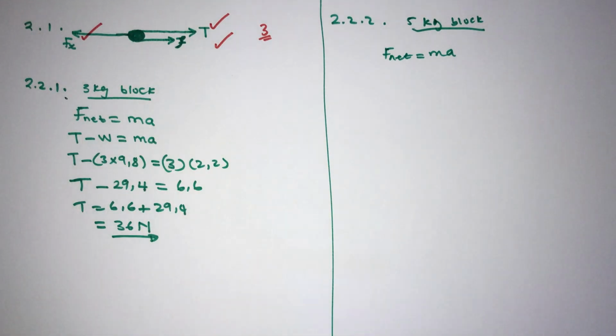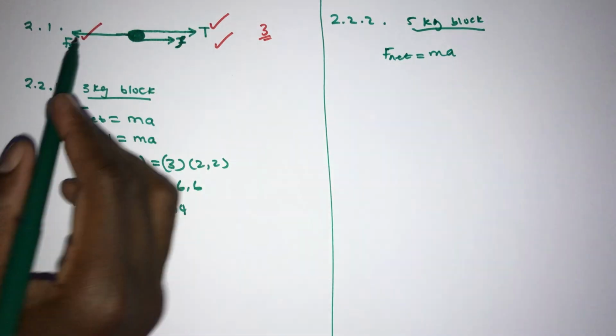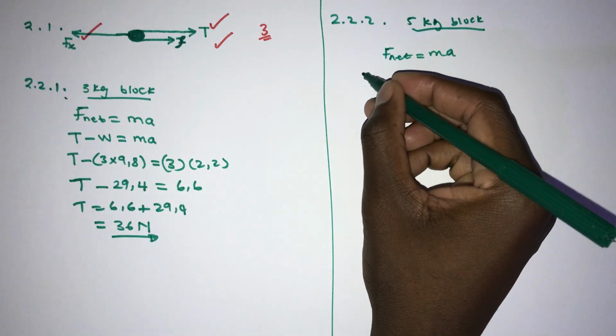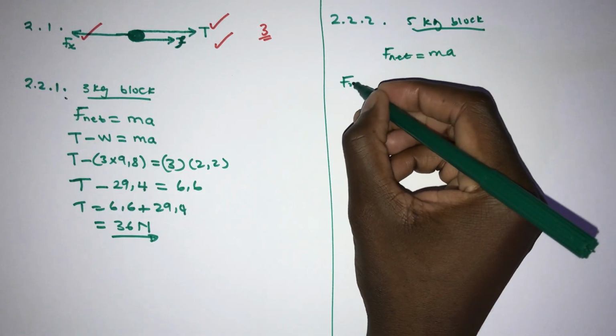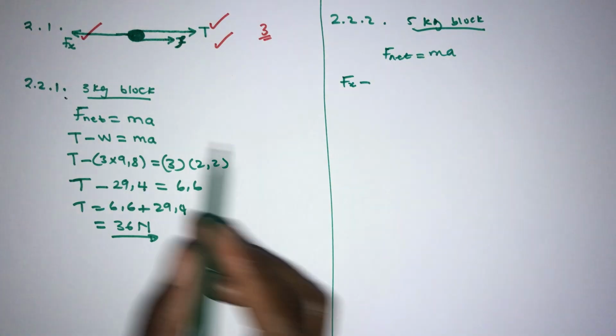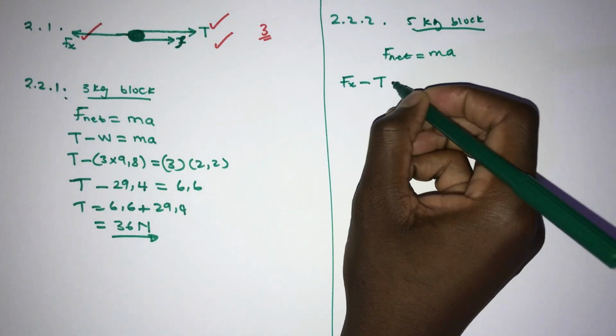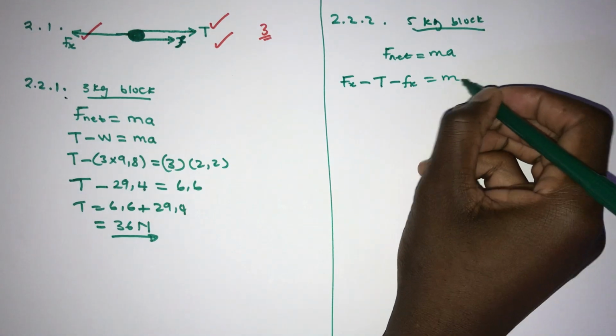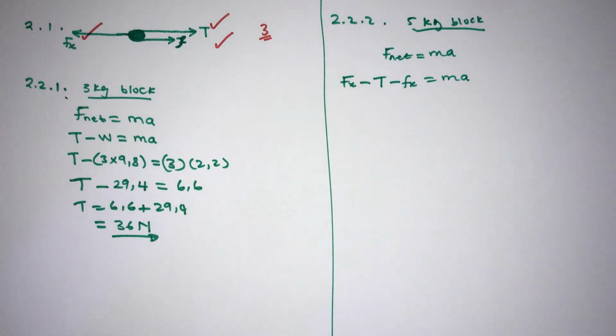So what do we have here? We have Fx going to the left, and the block is going to the left. It means that Fx here is our bigger force, minus tension is opposing, minus frictional force is also opposing, then it's equal to MA. But before we go far, we are not given the frictional force here.